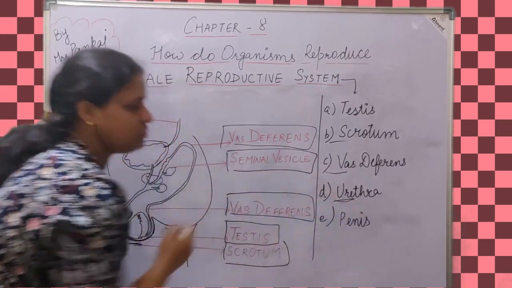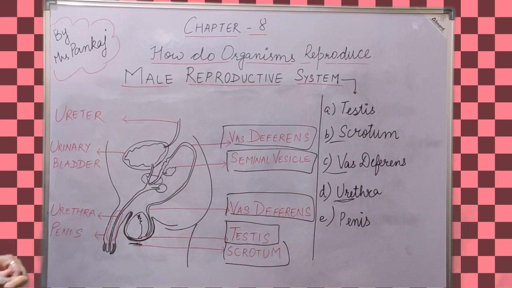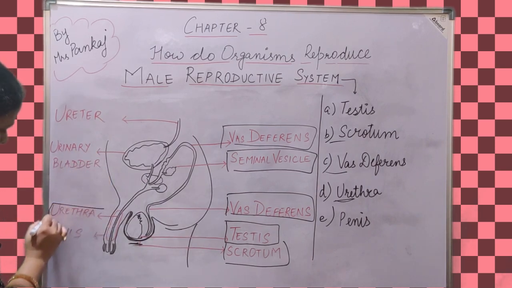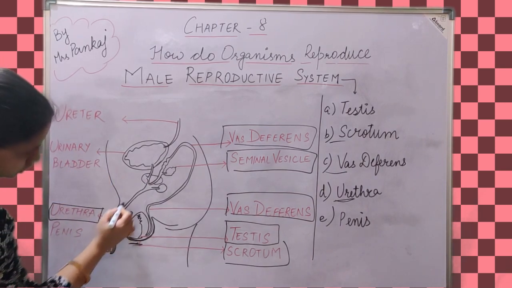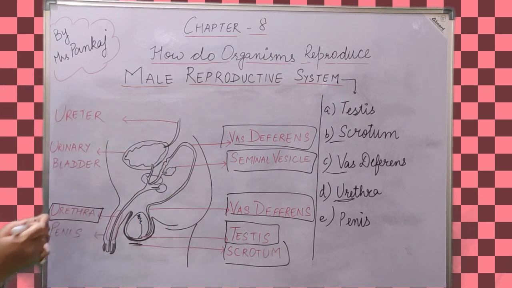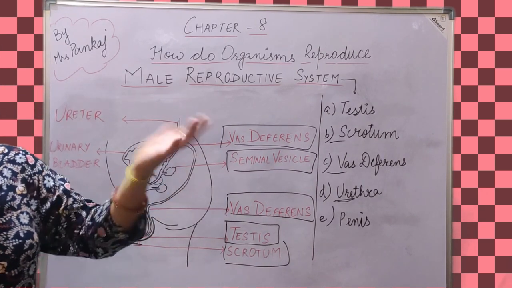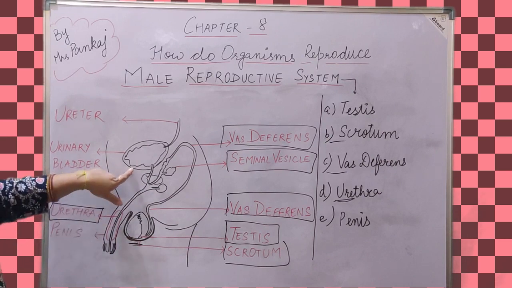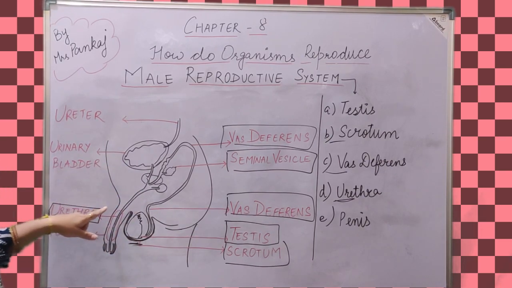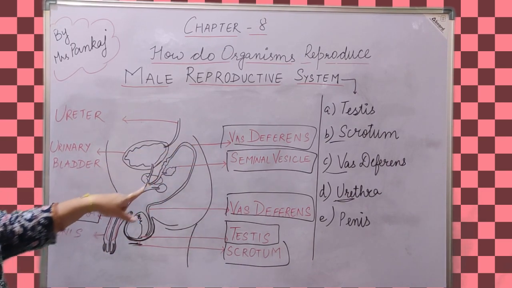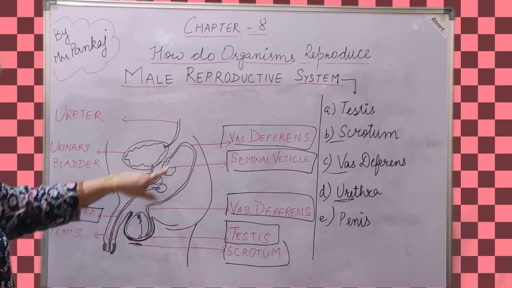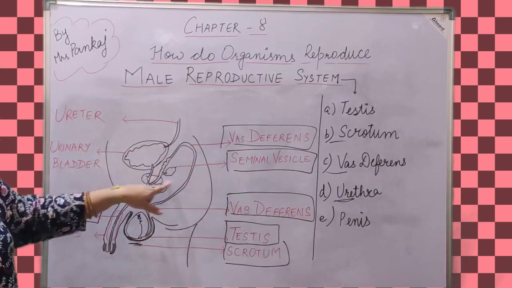Next is your urethra. This is also a tube. See, it is labeled here. The function of urethra is dual, you can say, as it carries the urine from the urinary bladder and also the sperm from the seminal vesicle as it joins the vas deferens.